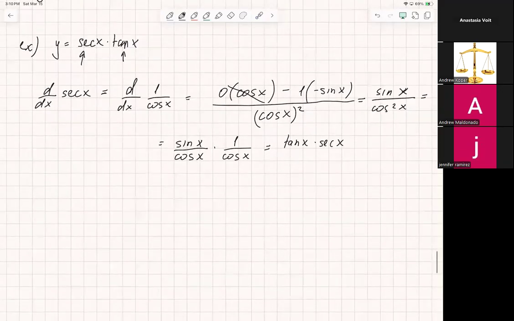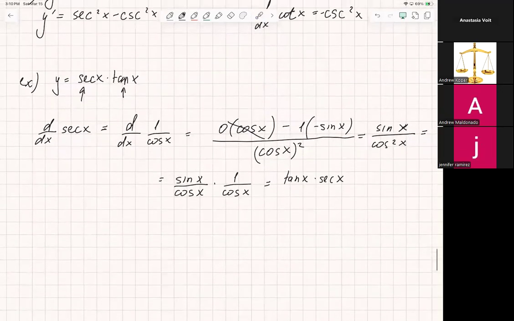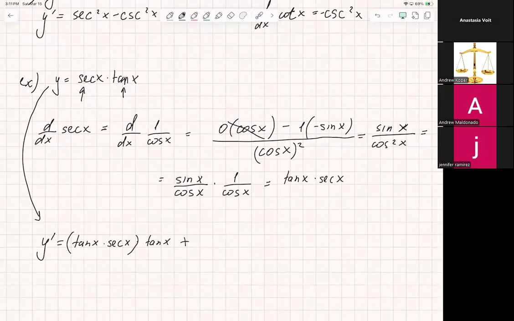All right, so now we know the derivative of secant, we know the derivative of tangent, so now we can take the derivative of this expression, secant x times tangent x. So the derivative of the first one times the second, so we have tangent x times secant x times tangent x, right? So that was the derivative of the secant, and tangent just stays as is.